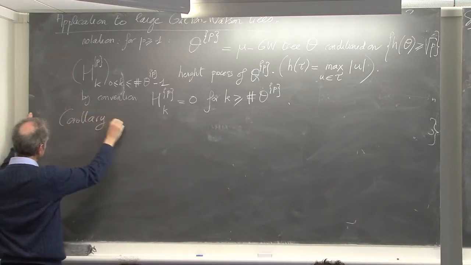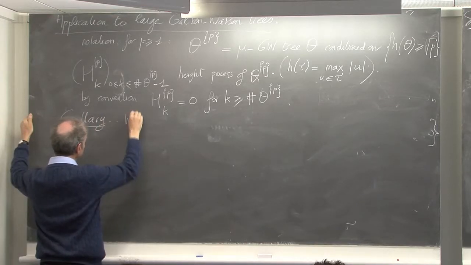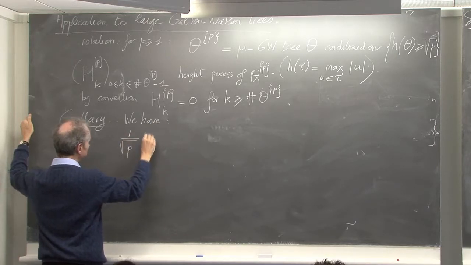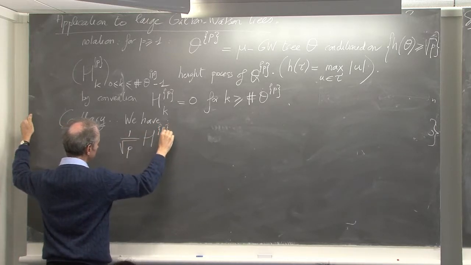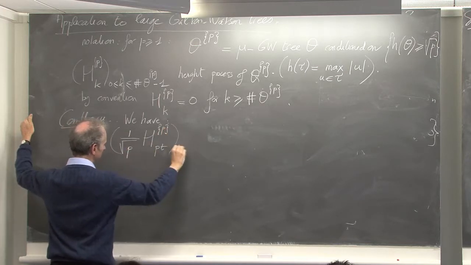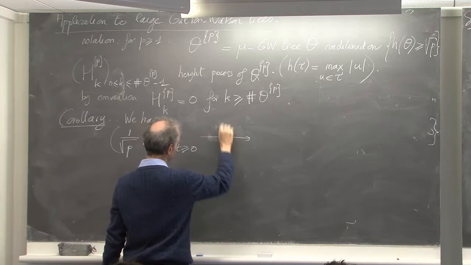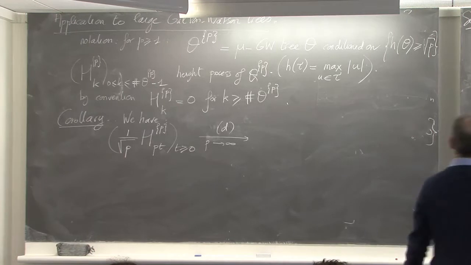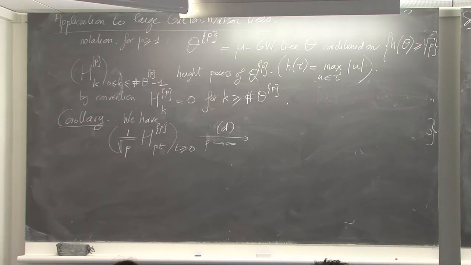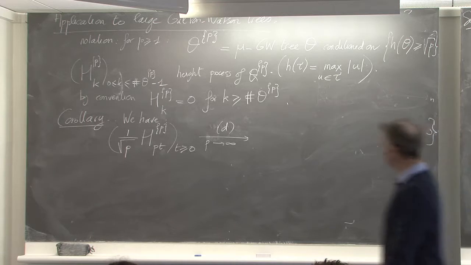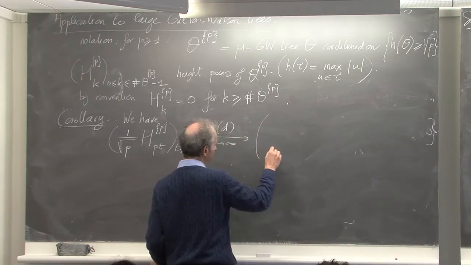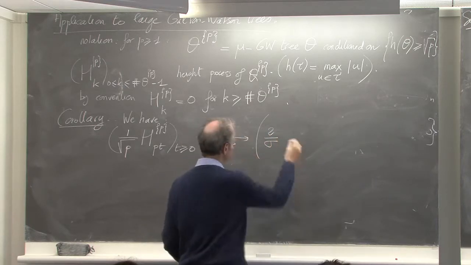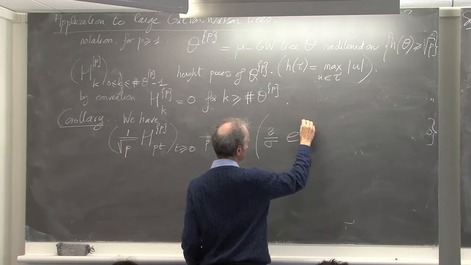We have, I do exactly the same rescaling as in the theorem. But the limit is going to be different because I have just one tree, and the limit is what we call a Brownian excursion. Don't pay too much attention to the constant, 2 over sigma.